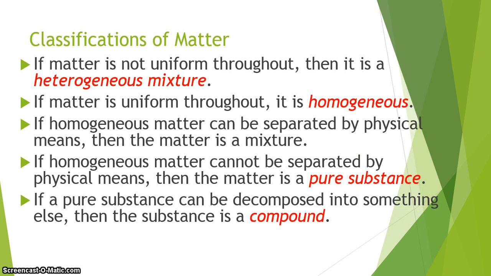So we can also classify matter as heterogeneous mixtures or homogeneous. And then homogeneous, we can actually go in and separate even more into pure substances and compounds. If your matter is not uniform throughout, then it's a heterogeneous mixture. We're going to be talking a little bit more in detail about these in just a few slides.